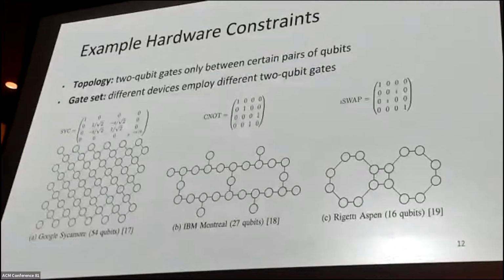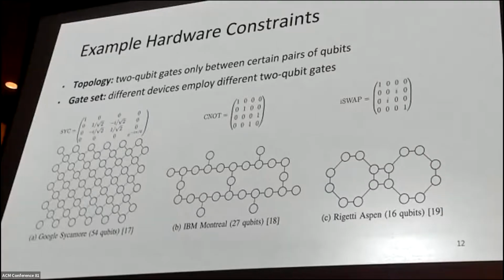But what has perhaps not been stressed yet in this conference is that often the gate sets are different between the devices too. We usually speak about single qubit gates and CNOT gates as our basic default quantum gate set. But in many of the current hardware that's being developed today, CNOT gates are not the native 2 qubit gates.